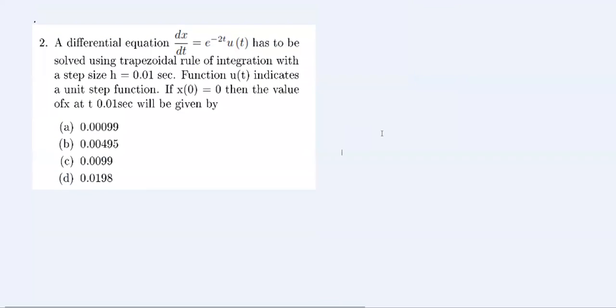The differential equation dx by dt is e power minus 2t into u(t), to be solved using the trapezoidal rule with step size h as 0.01. The function u(t) indicates the unit step function.